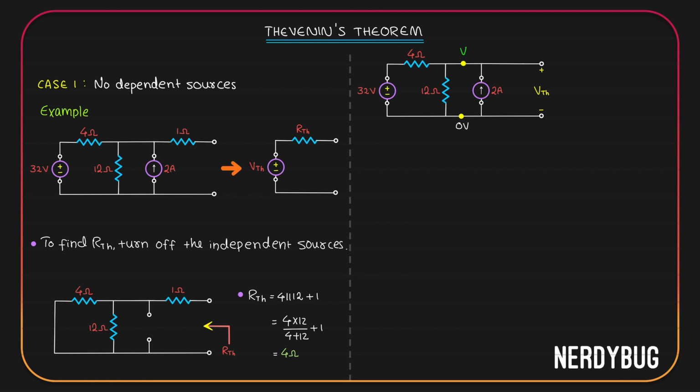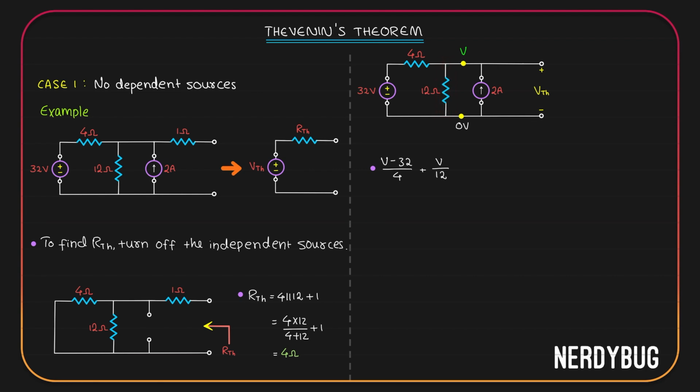So the current through it is going to be V minus 32 divided by 4. Potential difference divided by the resistance. For the 12 ohm, it has V potential here and 0 potential here. So the current through it is going to be V minus 0 divided by 12 or V by 12.